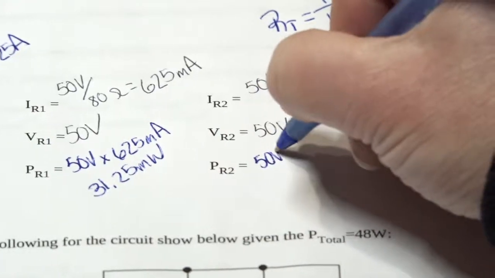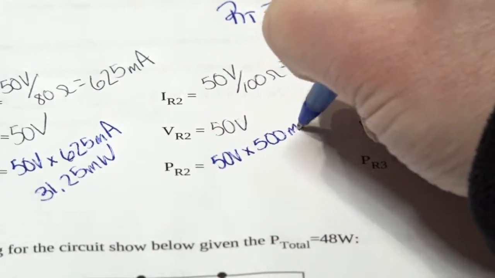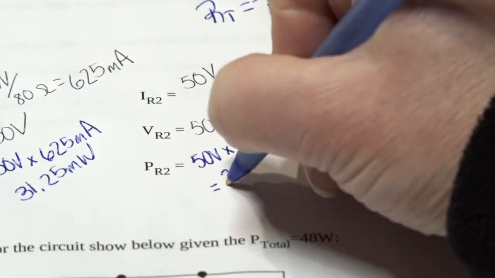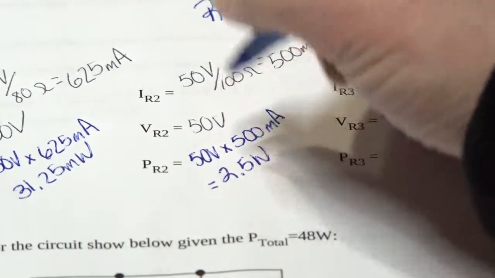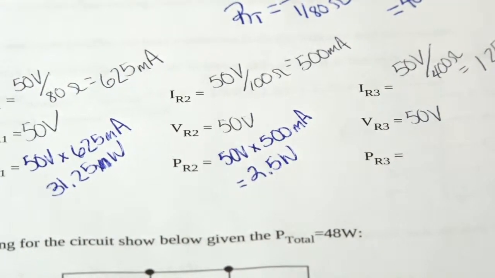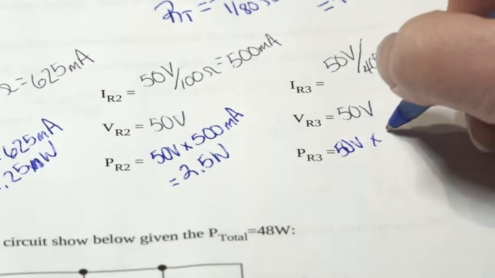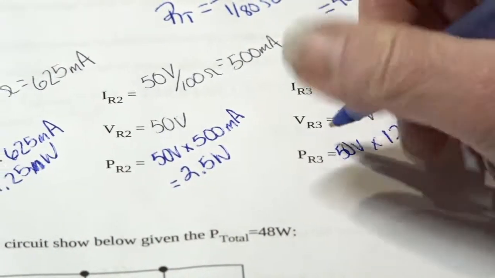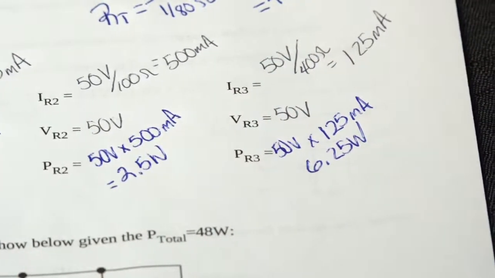And 50 volts times 500 milliamps gives us 25 watts. Whoops, that should be watts there. And 50 volts times 125 milliamps gives us 6.25 watts.